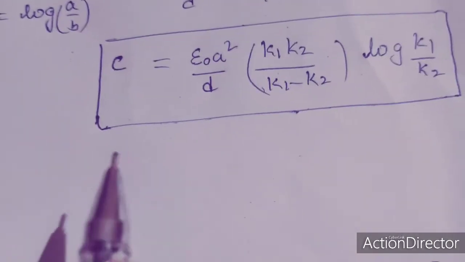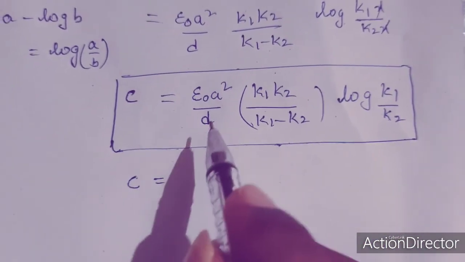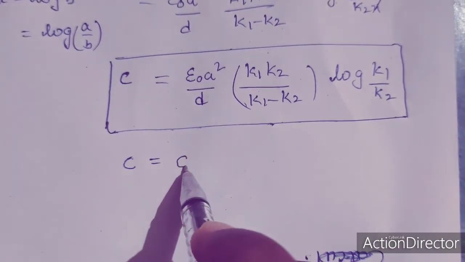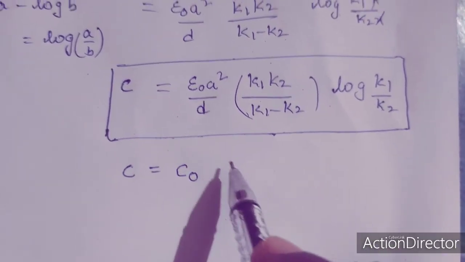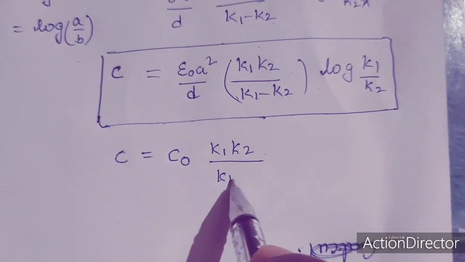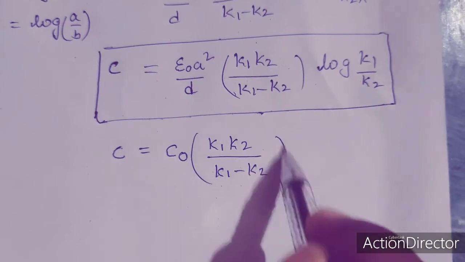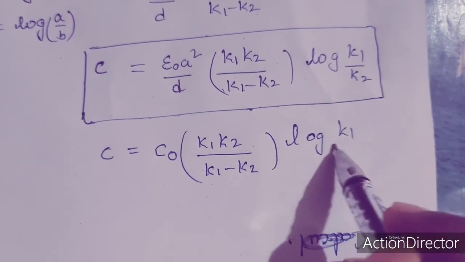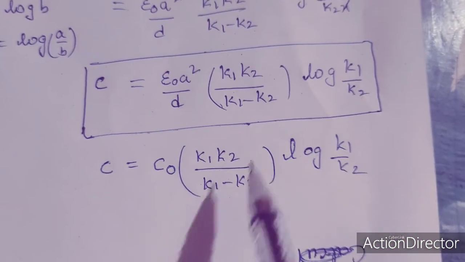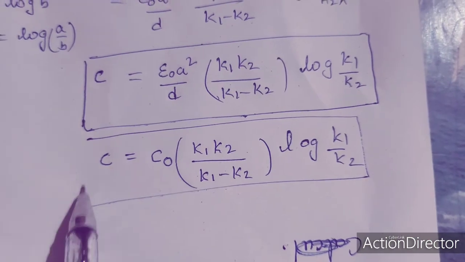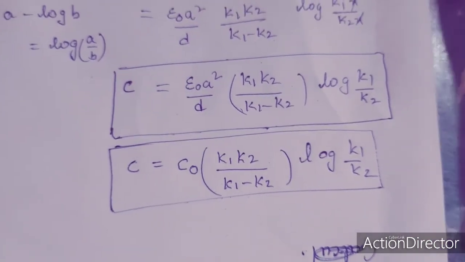And here C equals epsilon naught a square divided by d, which represents initial capacitance C naught, times k1 k2 divided by k1 minus k2 of log k1 by k2. Students, this formula is very important for IIT problems.